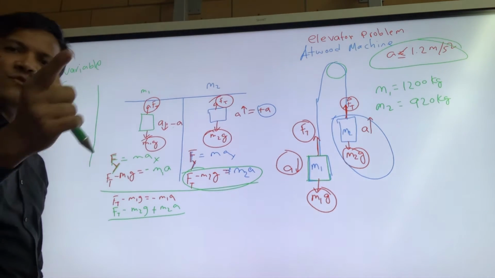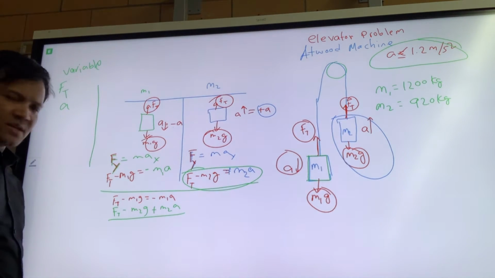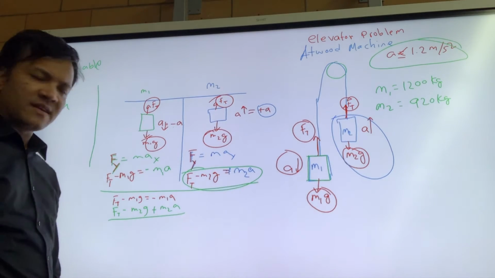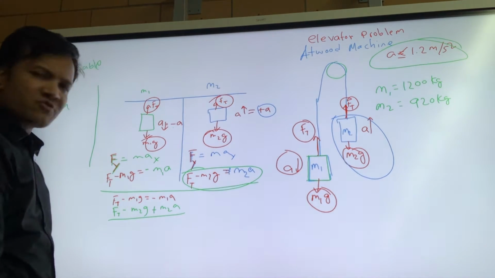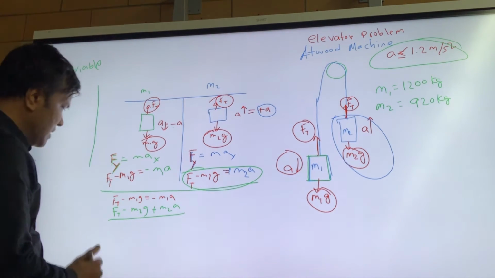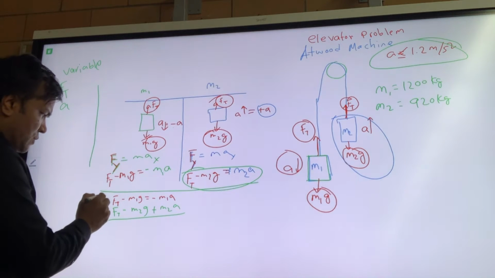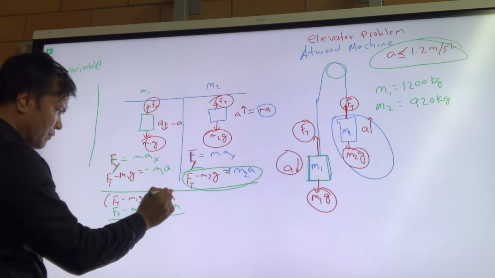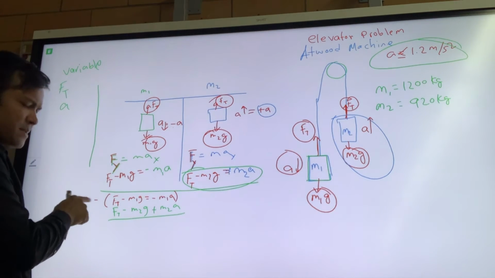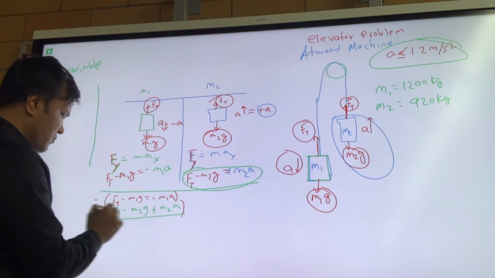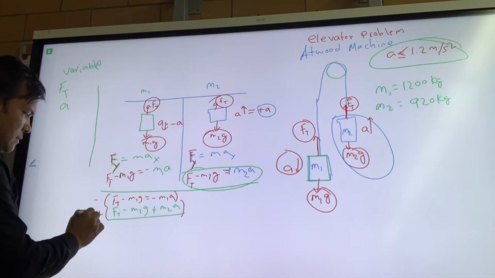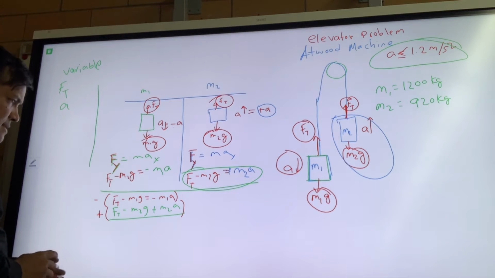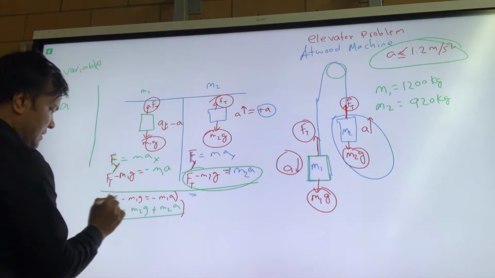We have to get rid of one unknown, and that unknown is Ft. How can we get rid of Ft? We have to multiply this one by negative. If we multiply this one by negative and this one by positive, what happens? That's what we get.